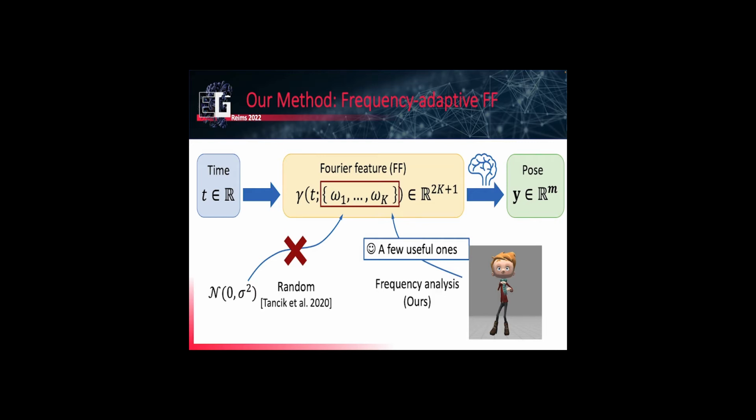Instead, we propose adaptively determining a small yet useful set of frequencies for motion compression by leveraging the periodic nature of human motion. Please remember that the character's hand oscillates periodically, and his head and foot move back and forth, and that is a periodic motion. So, specifically, we incrementally find and add a dominant frequency of the motion during training.